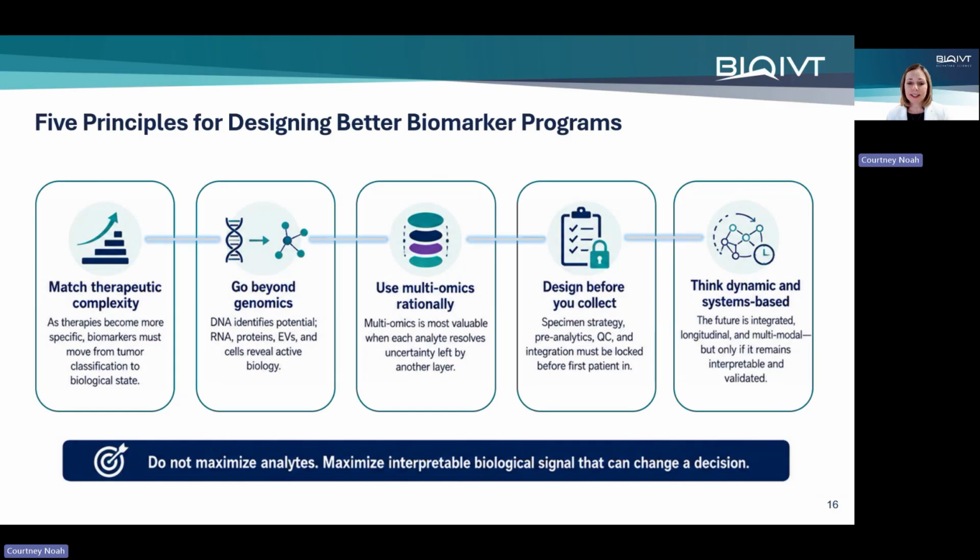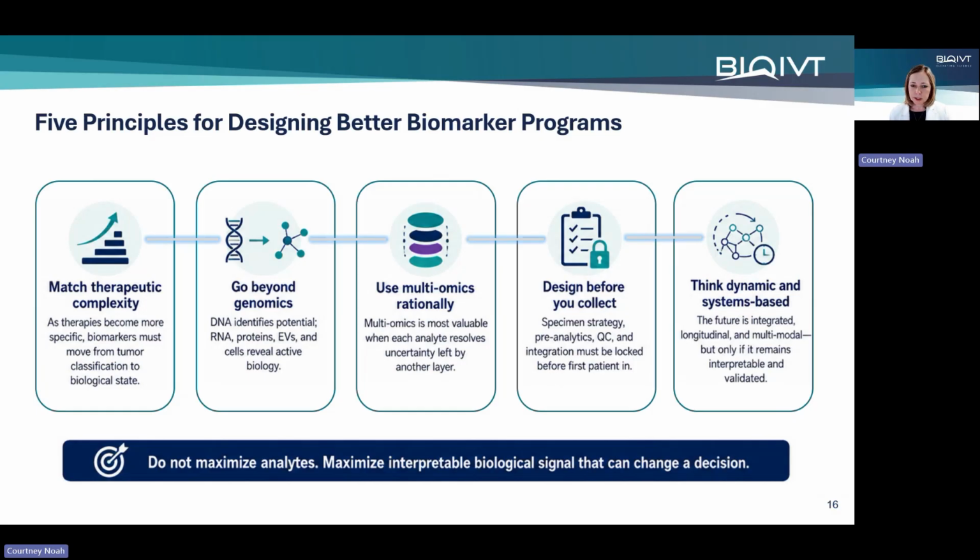Hopefully this is one of the key takeaways that you bring with you: specimen strategy, consideration around pre-analytics, quality control, and data integration really need to be considered before any patient samples are ever collected. And finally, think dynamically and think in systems.